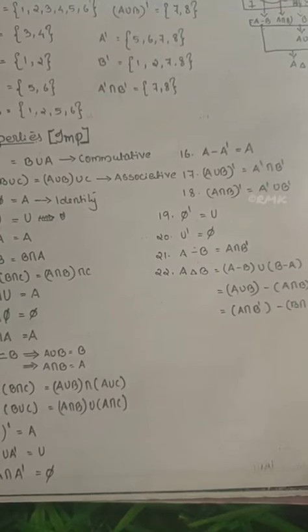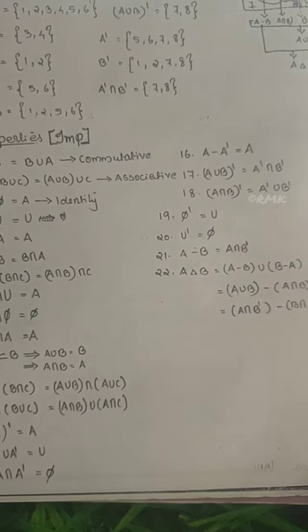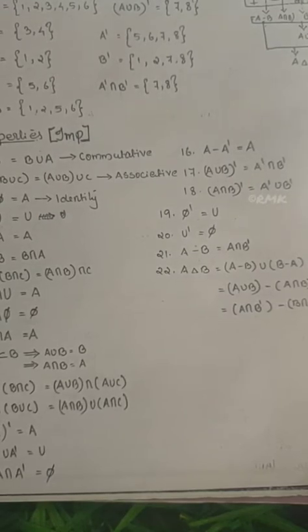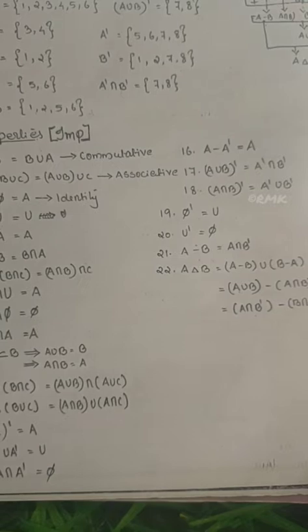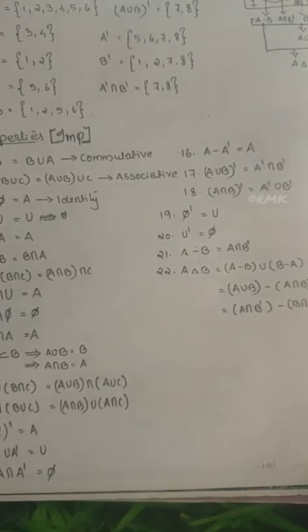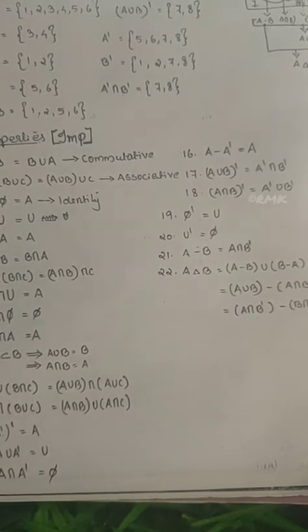The complement of (A intersection B) is equal to A complement union B complement. It is also called De Morgan's law. Null set complement is universal. Universal complement is null set.